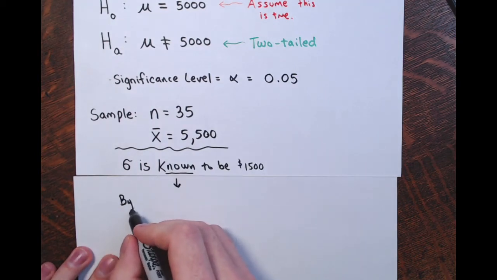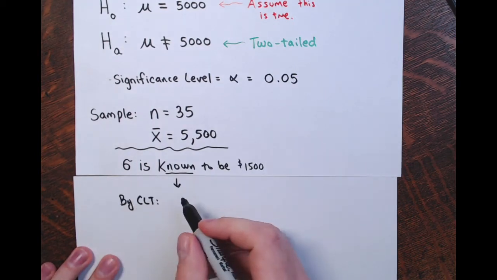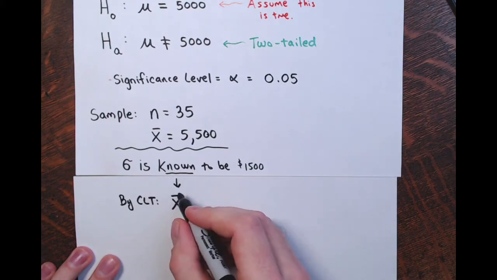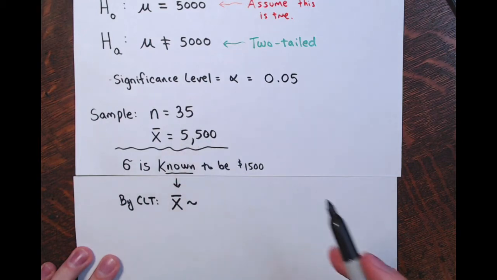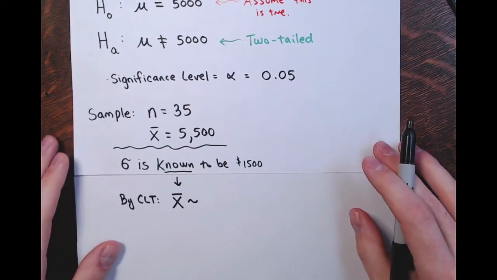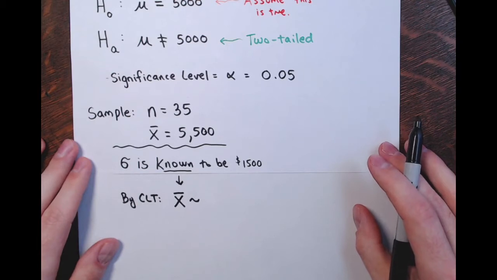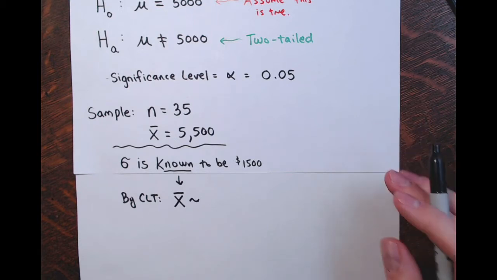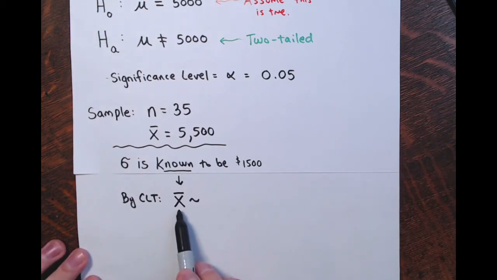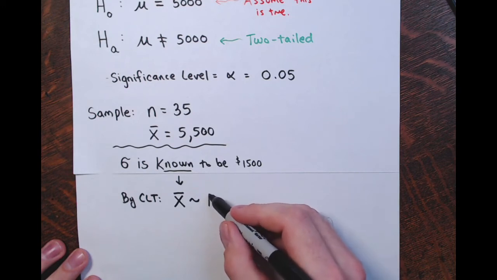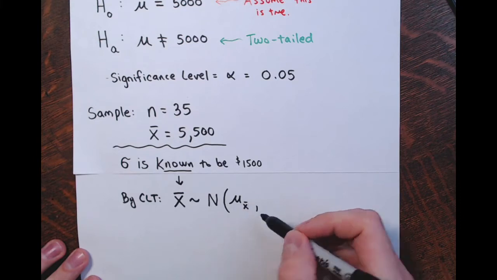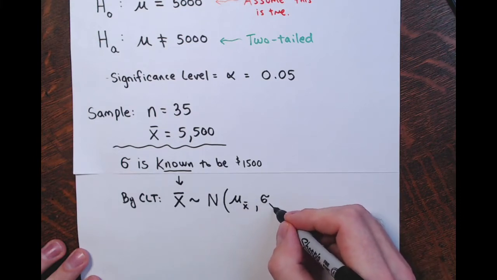by the central limit theorem for means, CLT, the distribution of all the sample means for samples of size 35, imagine we were able to look at all possible samples of size 35 and look at all their averages, the average amounts of money that all those groups raised, would be approximately normal, with a mean called mu x bar and a standard deviation called sigma x bar.